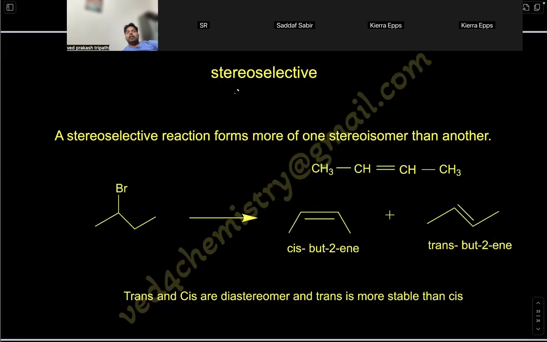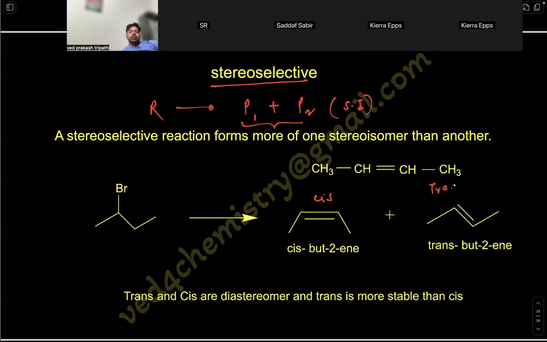What is stereoselective? Stereo means reactant gives two products, product 1 and product 2, and they both are stereoisomers of each other. And out of them, one of the isomeric forms is more stable. You know that if you have this alkene, this is cis and this is trans. We know that the trans form is more stable than cis.